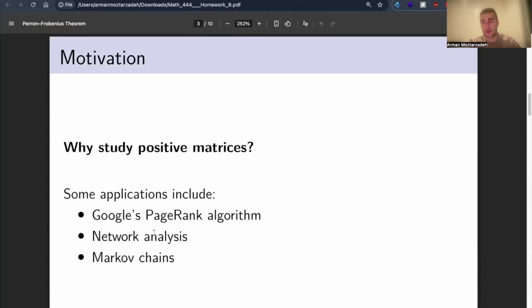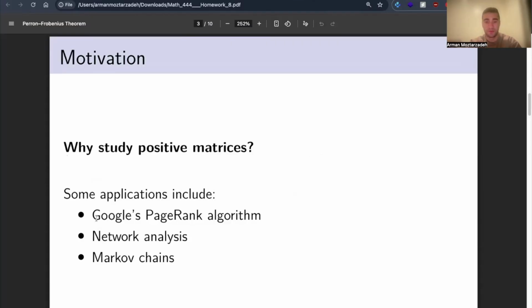So first, let's talk about why positive matrices are important. Matrices with positive entries appear in many real-world systems. One example is Markov chains, where entries represent the probabilities of moving between states. They also appear in network analysis, where nodes in a network can influence one another.